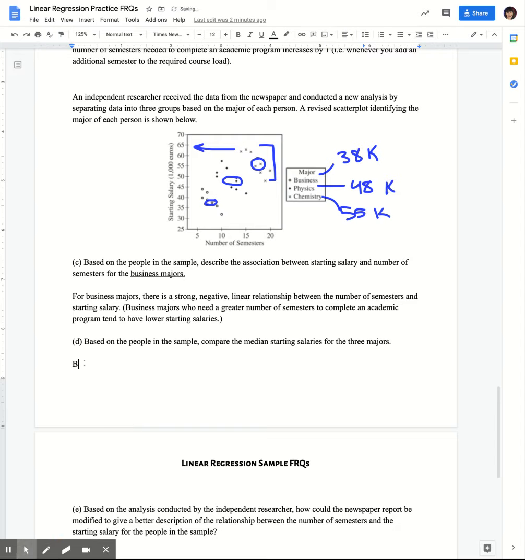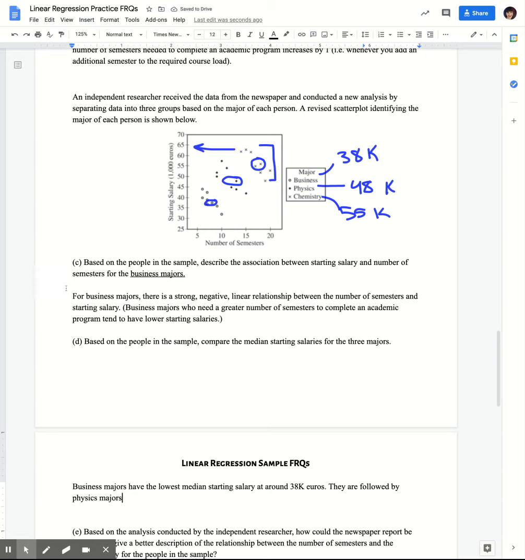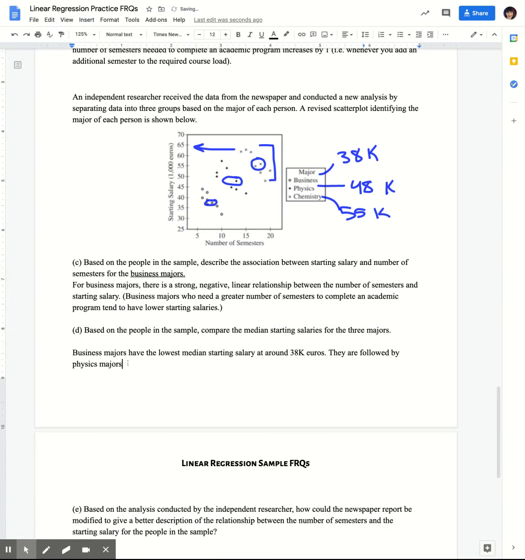So you would say business majors have the lowest median starting salary at around 38,000 euros. They are followed by physics majors, at around 48,000 euros.